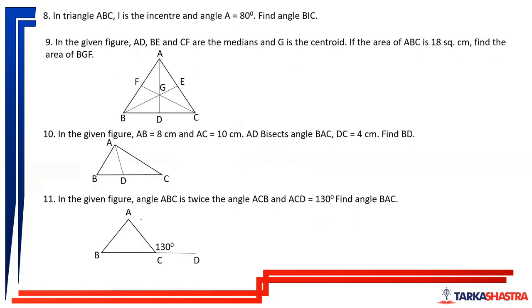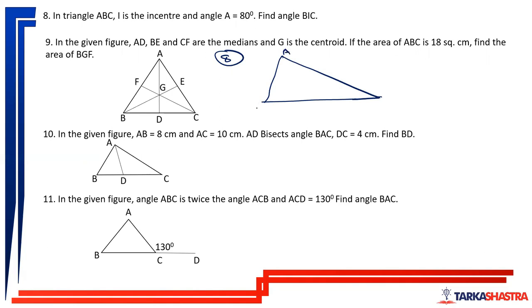Moving forward to triangles. Now, in the triangle ABC, I is the incenter and angle A is 80 degrees. Find the angle BIC. We are solving the 8th question. Here, let us try to understand one property.